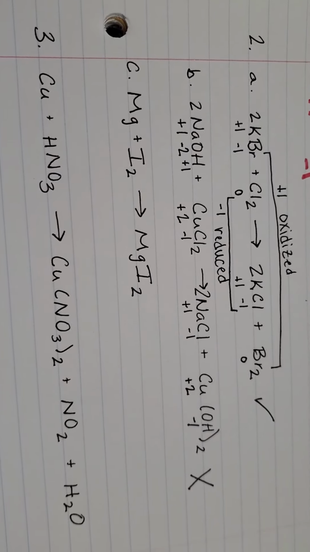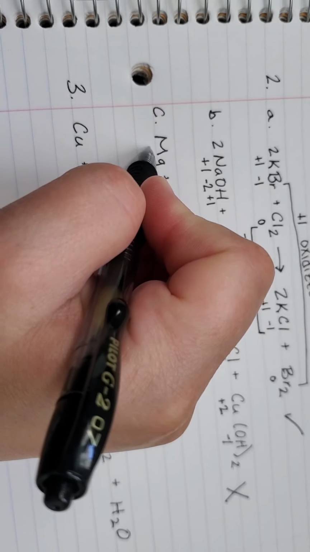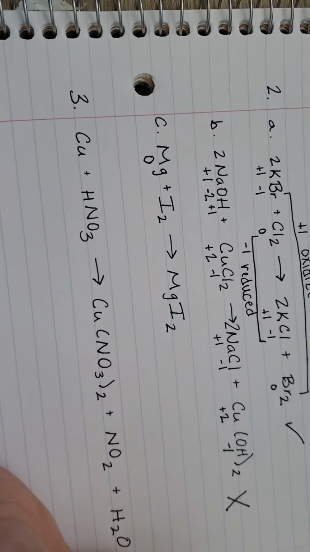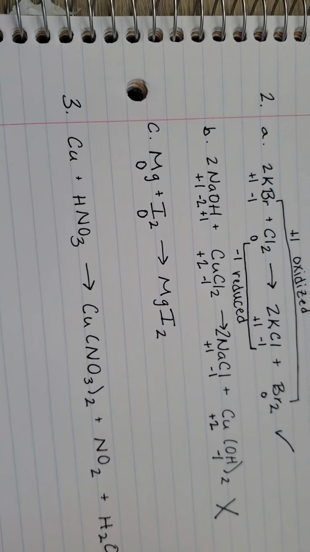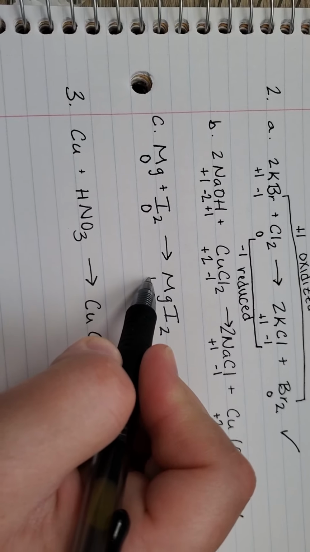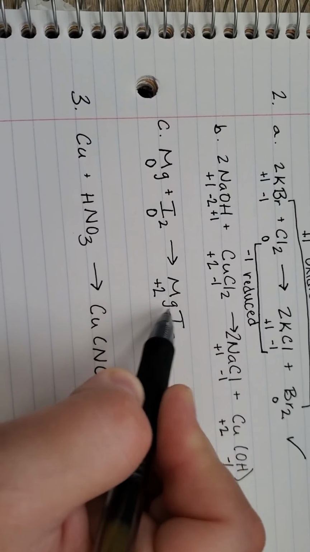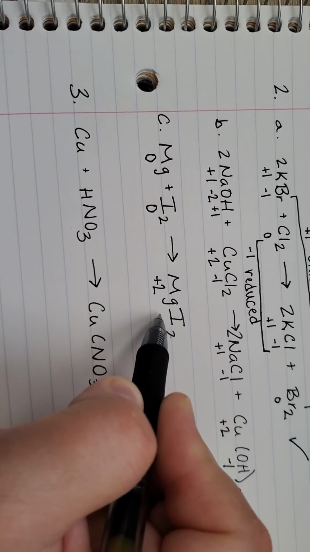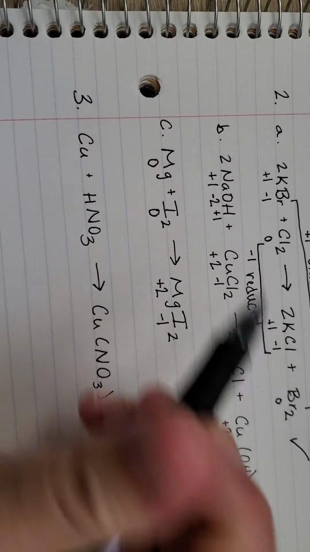Okay? All right, for the next one, Mg is 0 because it's standing alone. Iodine is 0 because it's a diatomic. And then Mg is in group 2, +2. And we have to have two I's to balance out this +2. So that means I is -1. It's also in group 17, if that helps.